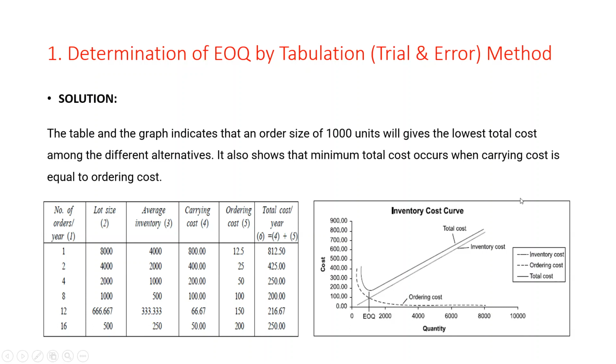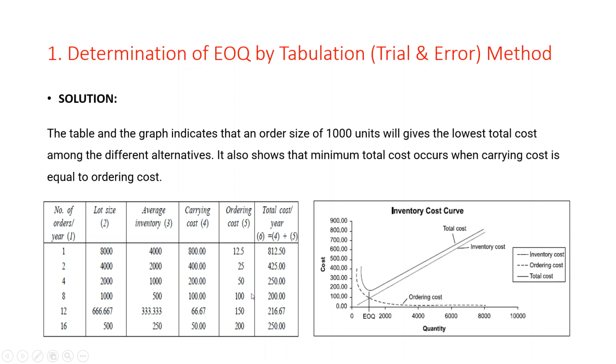In the inventory cost, this line shows the inventory cost. It increases in a straight line. And the ordering cost is what? This is our ordering cost: 12.5, then 25, then 50, 100, 150, 200.